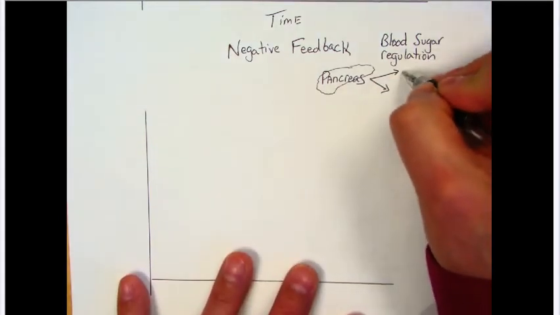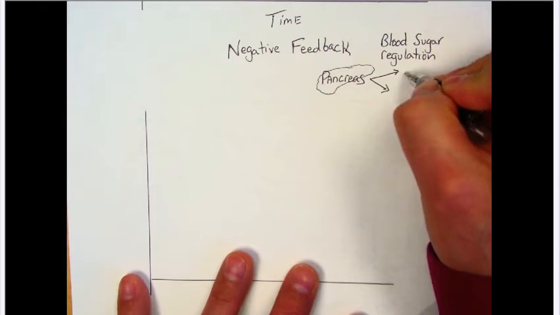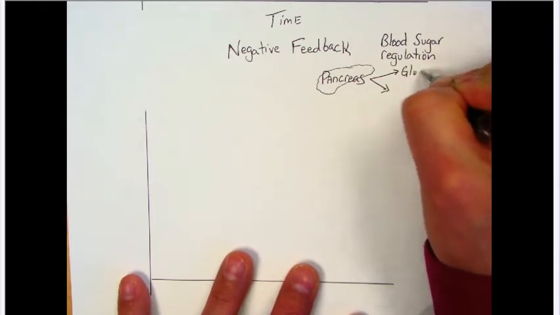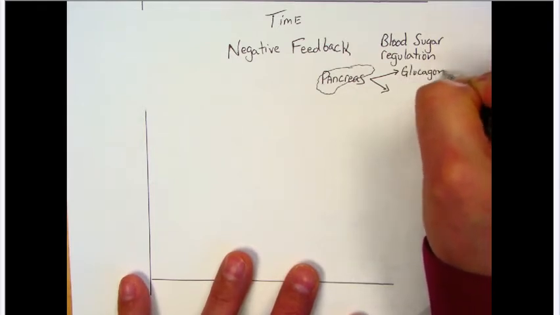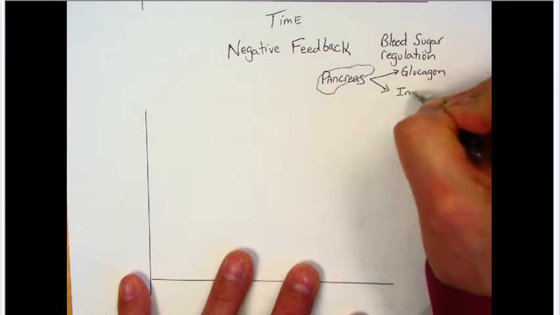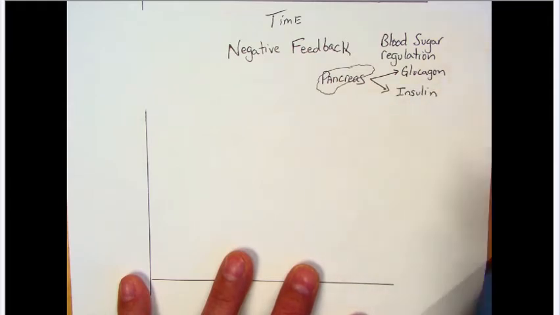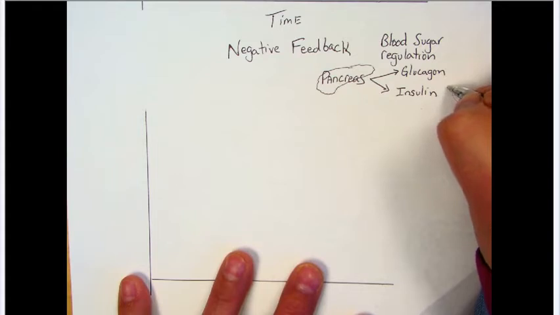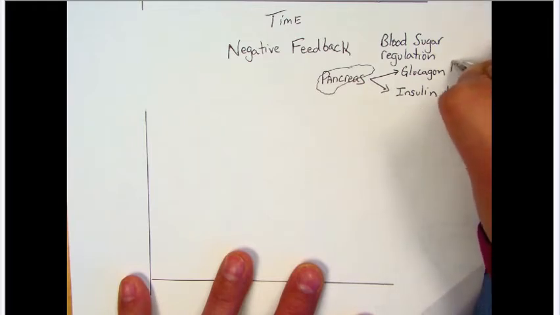There are two hormones. There is glucagon and there's insulin. Insulin decreases blood sugar, and glucagon increases blood sugar.